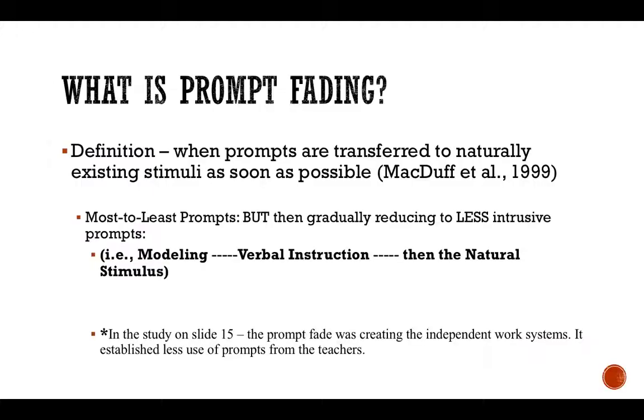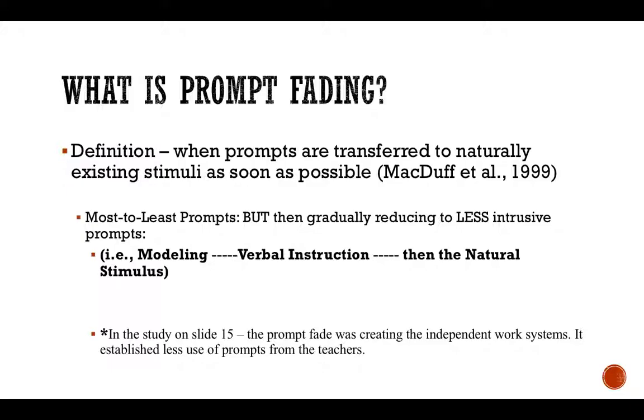The way we promote more independence is going to be the last section we talk about today, prompt fading. Prompt fading is when prompts are transferred to naturally existing stimuli as soon as possible.